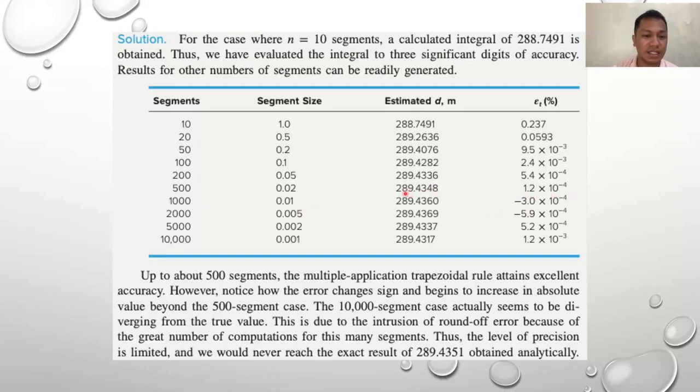So the 10,000 segment case actually seems to be diverging from the true value. So this is due to the intrusion of the round-off error because of the great number of computations for these many segments. Thus, the level of precision is limited, and we would never reach the exact value of 289.4351 that was obtained analytically.